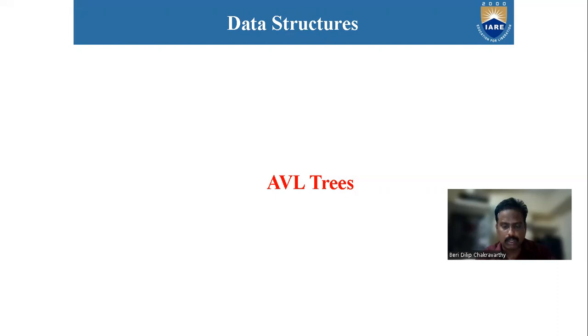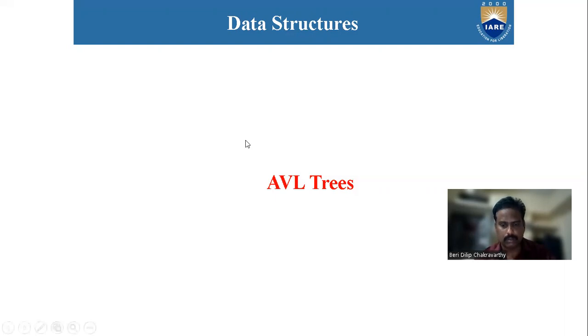So we got a new concept where we need to balance the height. We need to reduce the height, so we call these trees height balanced trees also. So let's see it.